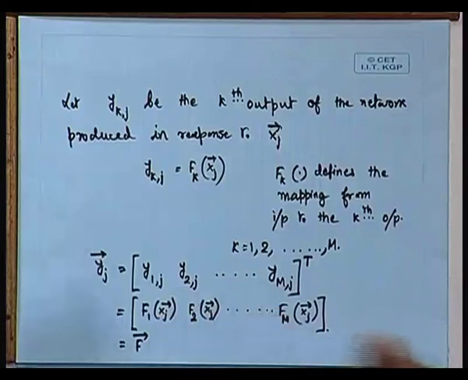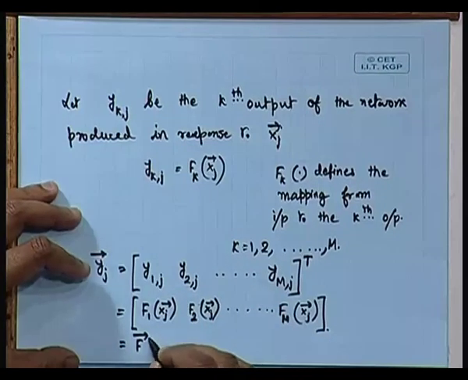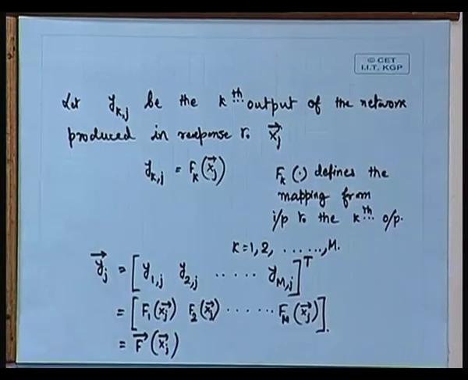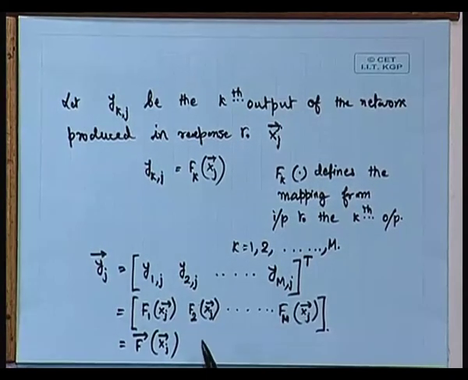So, in a combined way we can write the function itself with a vector notation. This is one and the same as writing f vector of xj, which means that this f vector of xj has m different elements associated with it, f1 of xj, f2 of xj up to fm of xj.